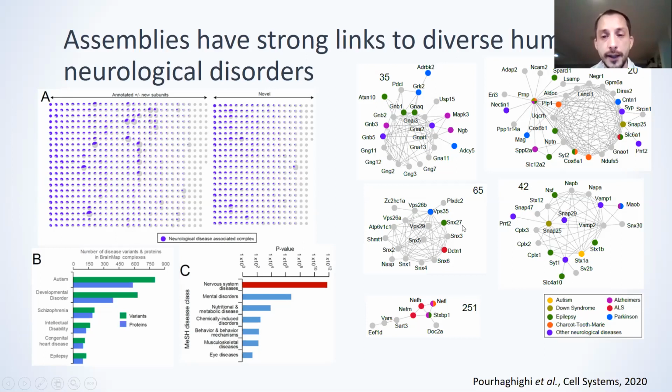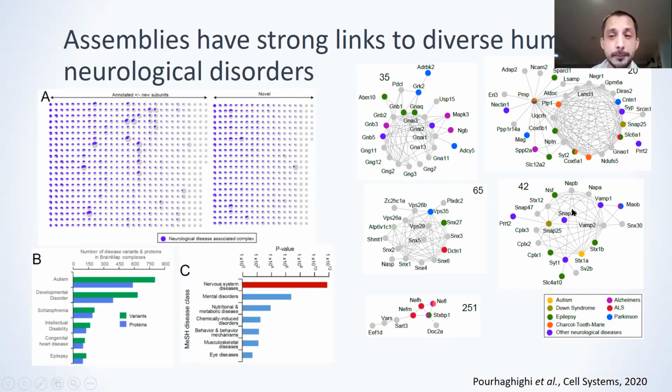Complex 65 here contains a number of vacuolar protein sorting associated proteins, VPSs, and sorting nexins, and is probably involved in endosomal delivery. The complex is involved in targeting vesicles for endosomal delivery. Complex 42 contains a number of SNAPs and other interesting things that are involved in the SNARE complex.